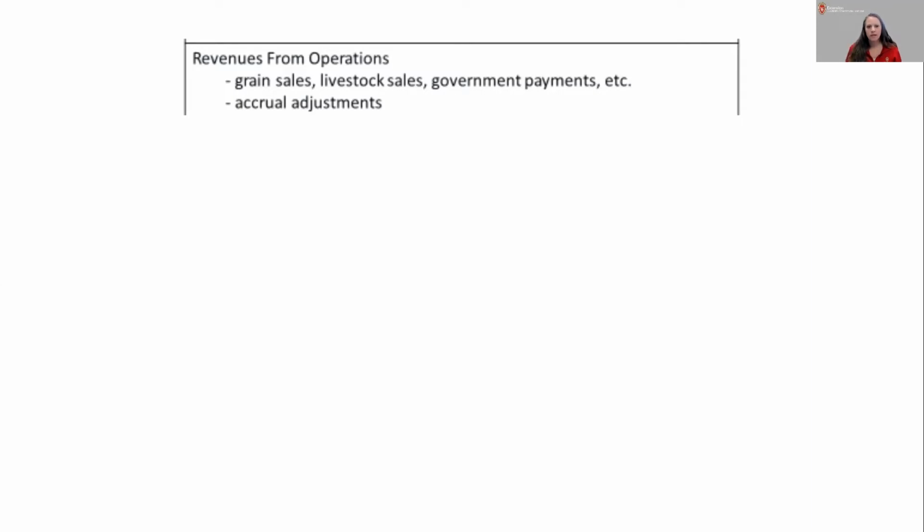Not all of your farm income is accounted for in your cash sales. Your beginning and ending balance sheets during your time period are needed to determine the increase or decrease in values, such as differences in accounts receivable, inventories of feed and grain, market and breeding livestock. Adjusting cash farm income for accrual adjustments results in your gross farm revenues or total farm income.